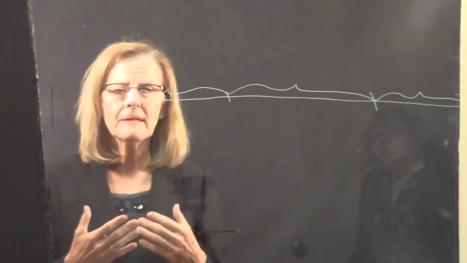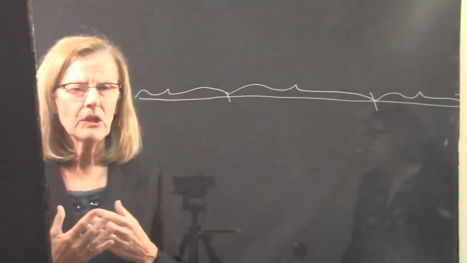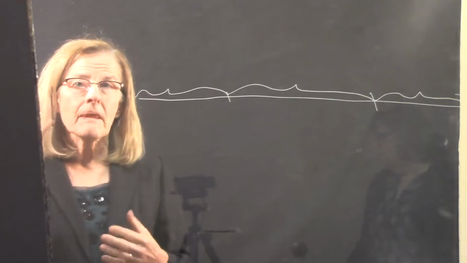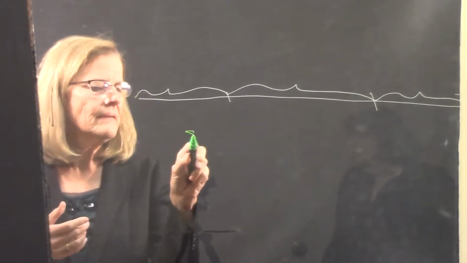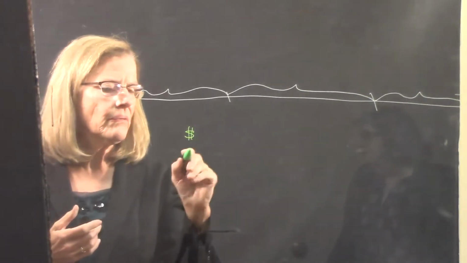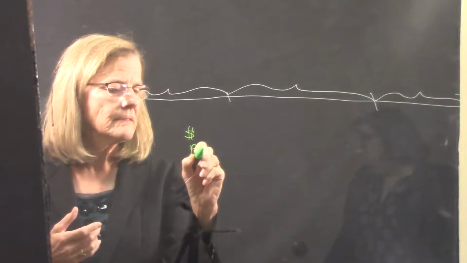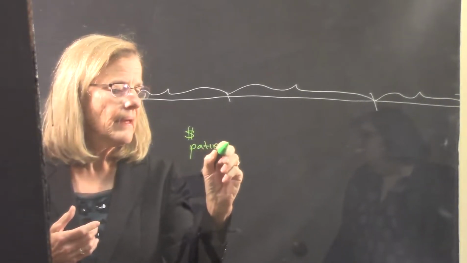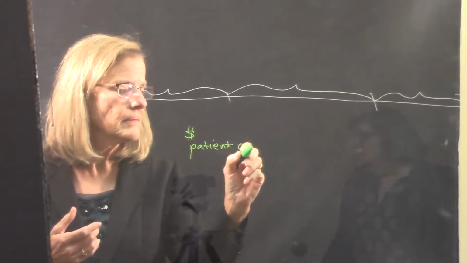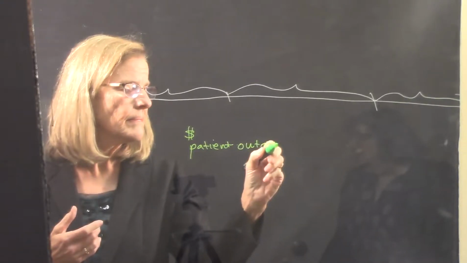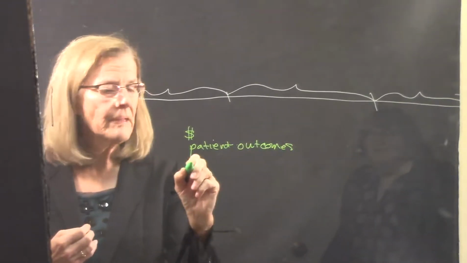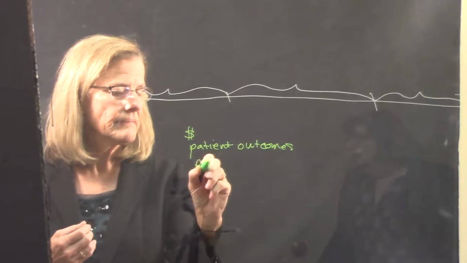But at the DNP level, we really need to be looking at money. So we've got a dollar sign. We might be looking at patient outcomes, and we're going to be looking at process measures.